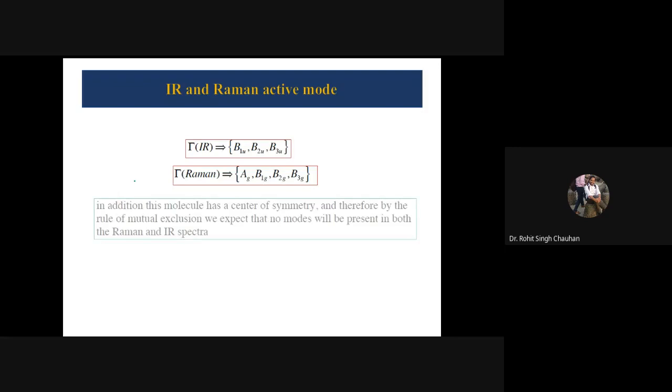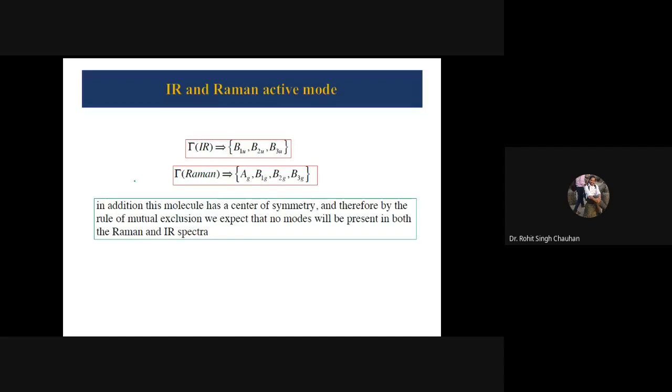Okay. Now the next. As I told in the beginning, here there is a center of symmetry, Ri, right? So there will be the rule of mutual exclusion. So we expect that no mode will be present in both Raman and IR. It means no mode should be common between IR and Raman.